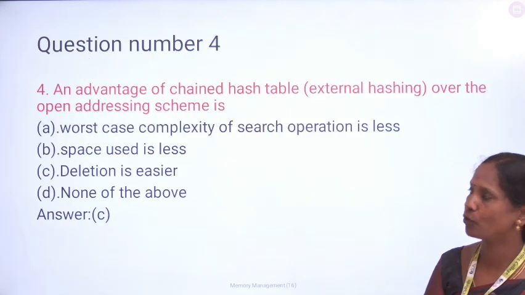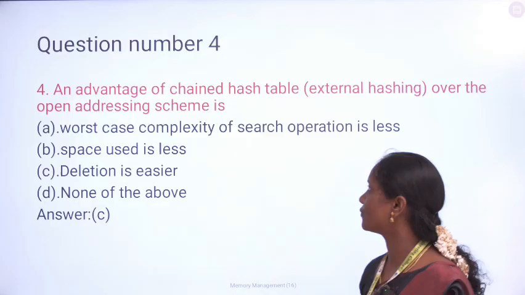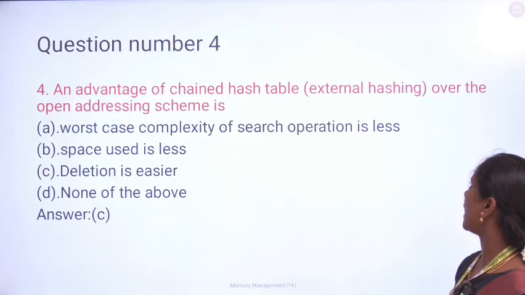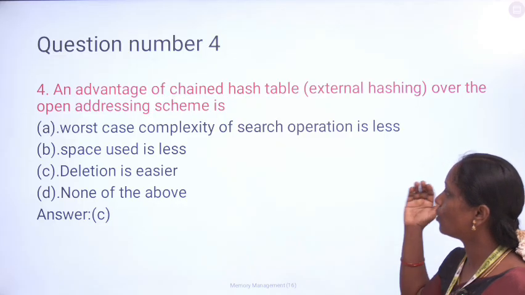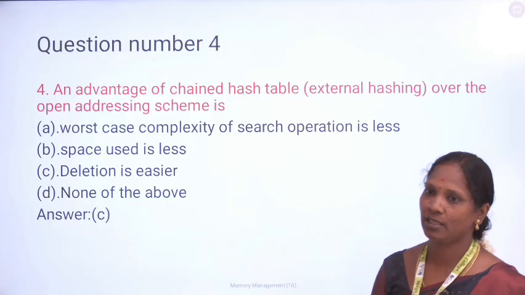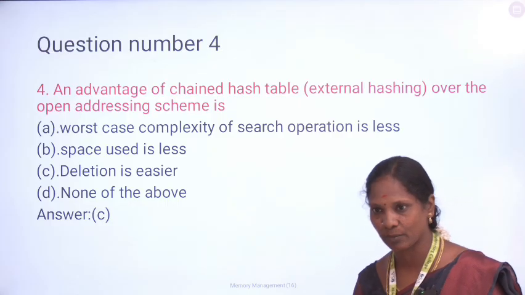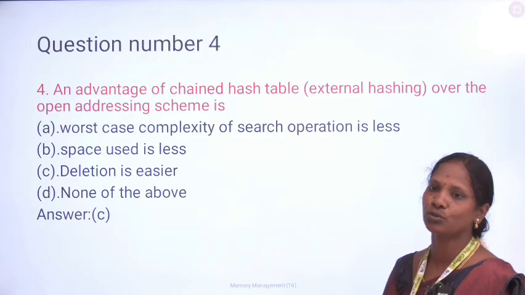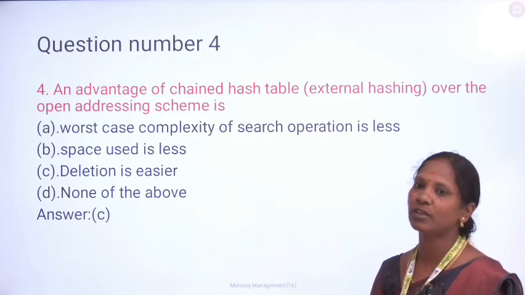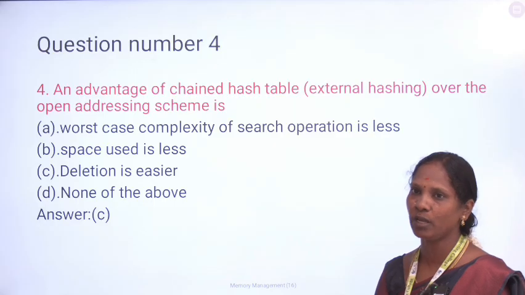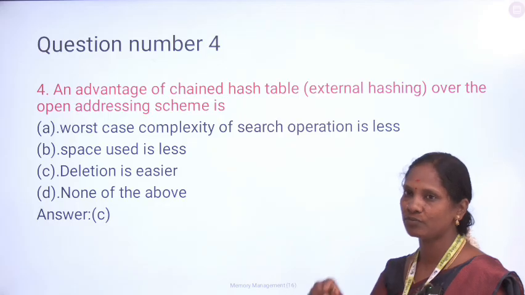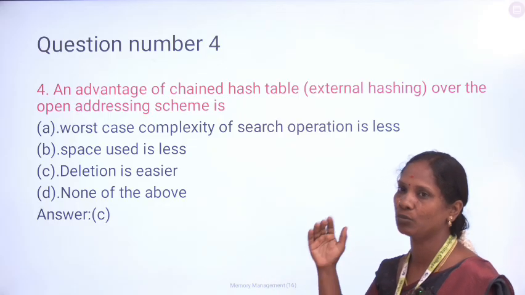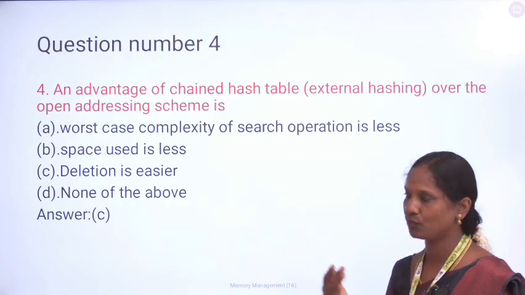And then question number 4. What is the advantage of a chained hash table, external hashing, over the open addressing scheme? The separate chaining method is used because each and every element should be separated by continuous values, I mean 1 series, 2 series, 3 series, 4 series.